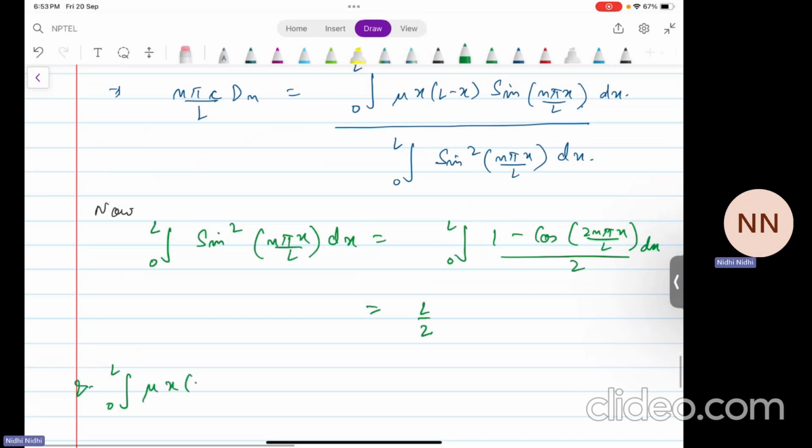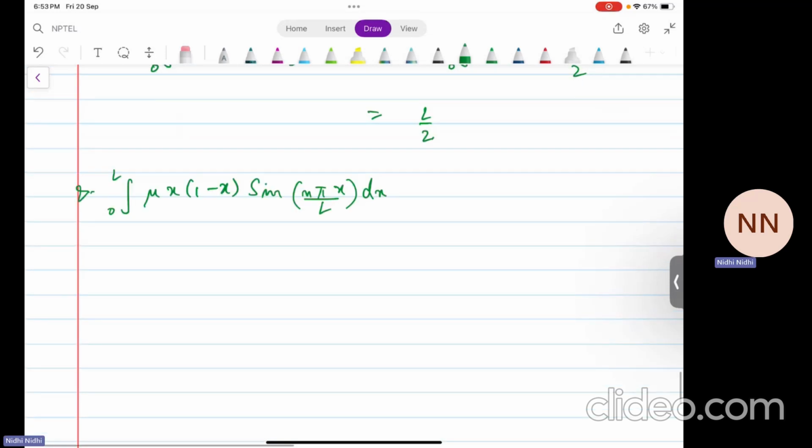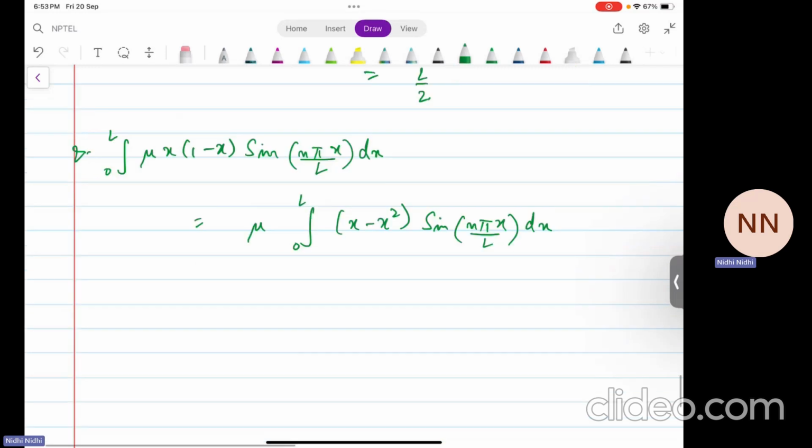mu x (1 minus x) sine n pi x by L. Here you will have to use repeated integration by parts. Let's try this. So from here this is mu, integral 0 to L, (x minus x square) sine n pi x by L dx. Now we'll be using integration by parts.